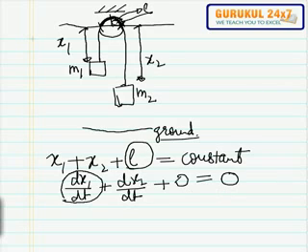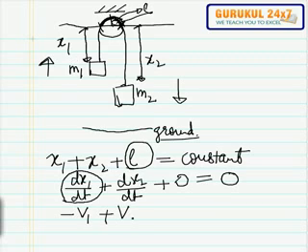Because x1 is decreasing with time, we write it as minus v1, because rate of change of displacement is the velocity, plus v2, because x2 is increasing with time. m2 is coming down, so x2 is increasing with time, and m1 is going up, so x1 is decreasing with time.